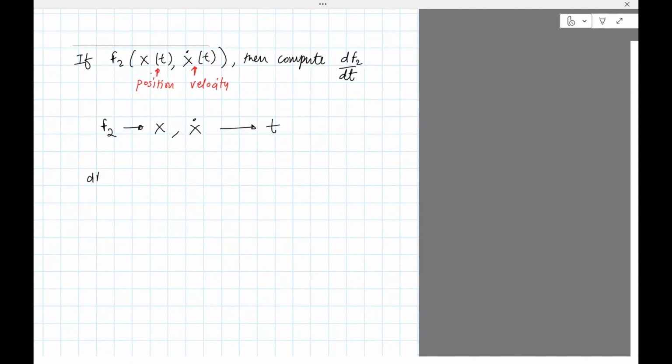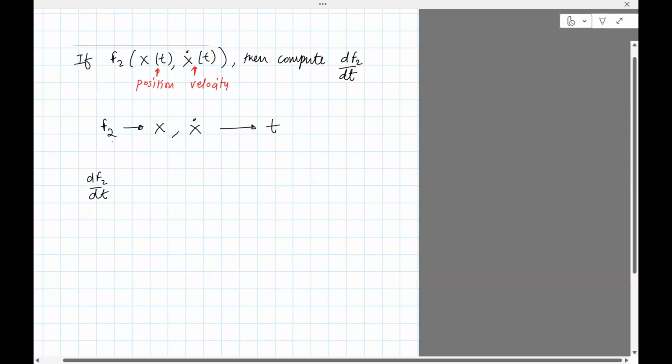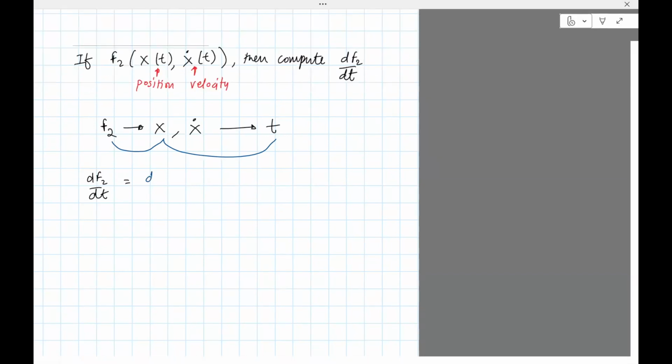So in order to compute df2 dt, I need to do the same chain rule, but for both variables. So here's the first one. I go from f2 to x to t. I did this in the previous question, which is only a function of x. So that would be df2 dx dx dt.